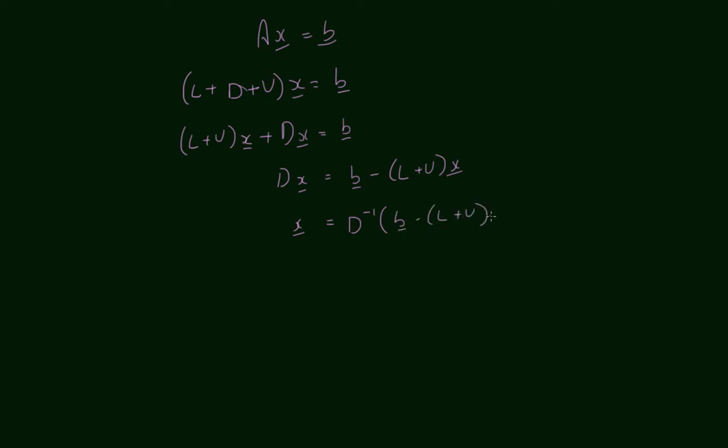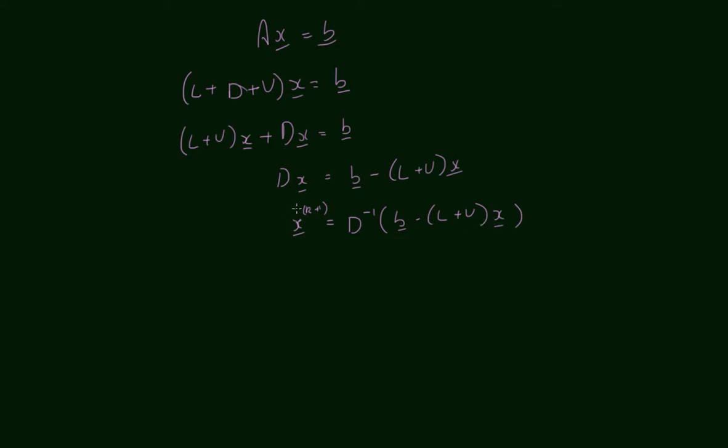This is the vector and matrix form. This is an implicit equation, as we have our X vector on the left and also on the right. What I'm going to do is put a k plus 1 in brackets in superscript on the left, and k in brackets on the right, turning this into an iterative scheme.